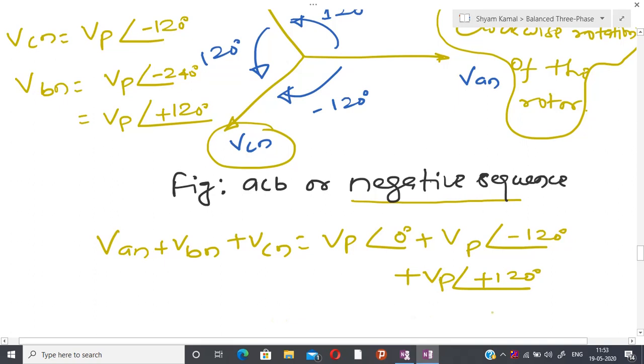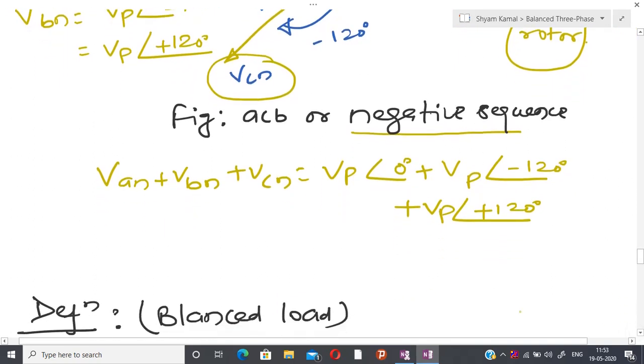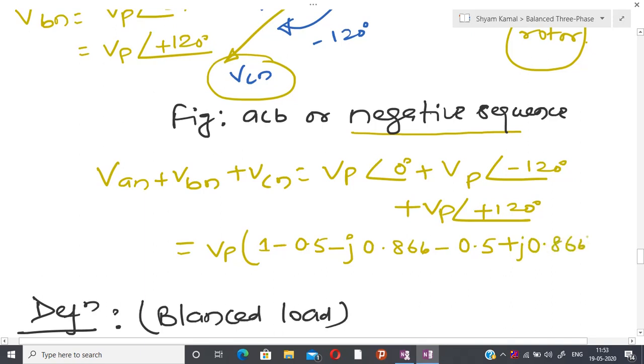If you add these three numbers, writing the same phasors in the form of complex numbers, you get VP times (1 minus 0.5 minus j0.866 minus 0.5 plus j0.866), and finally the value of this is equal to 0.